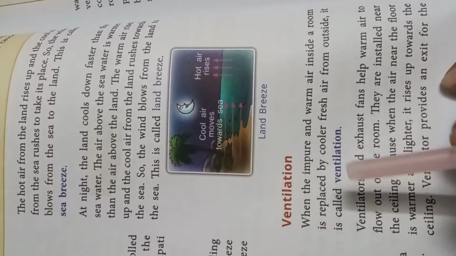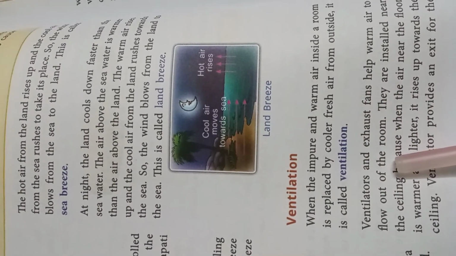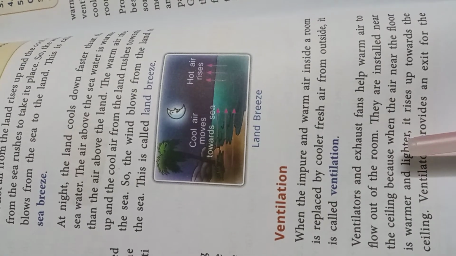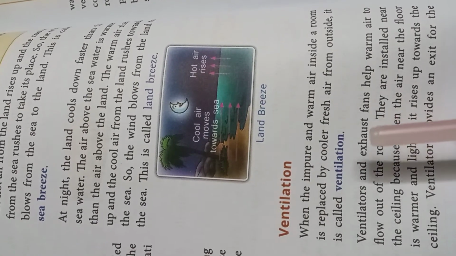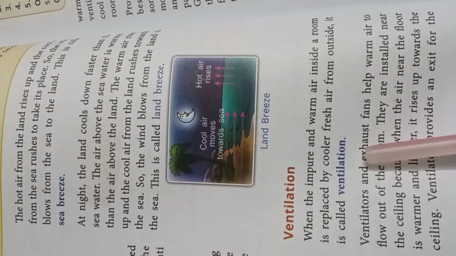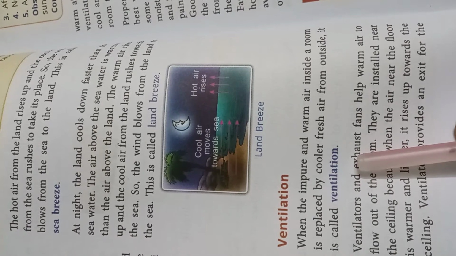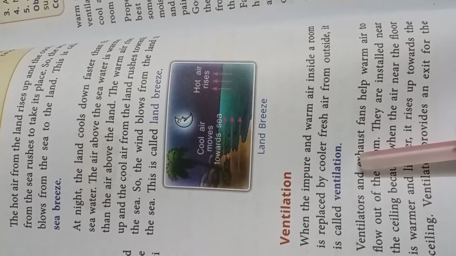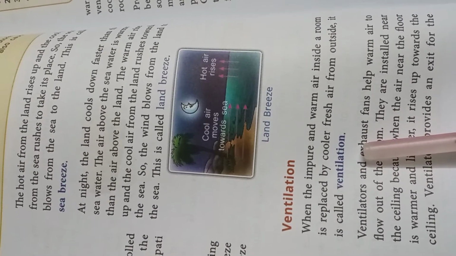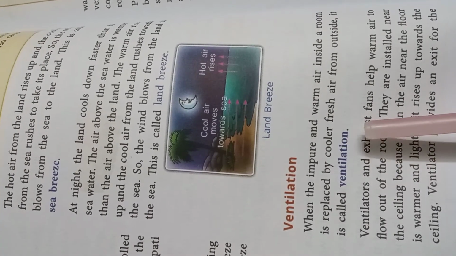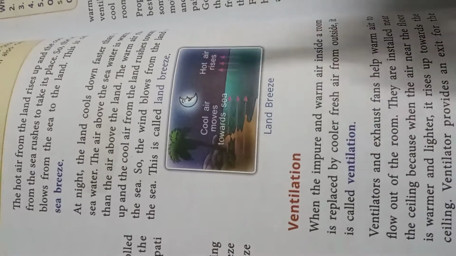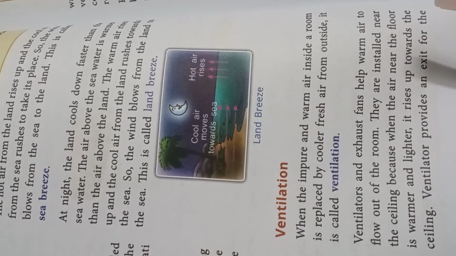The next point is ventilation. When impure and warm air inside the room is replaced by cooler fresh air from outside, it is called ventilation. At our home, different kinds of ventilation are used, such as the exhaust fan.